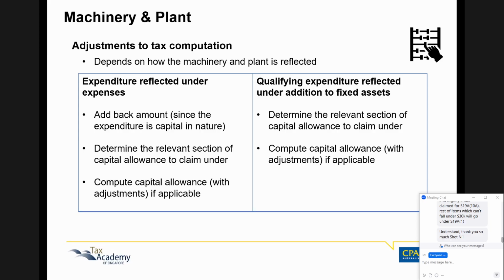Here in this answer, we break down into different allowances and things like that. All this you can show in the workings itself, but you don't need to quote the section.